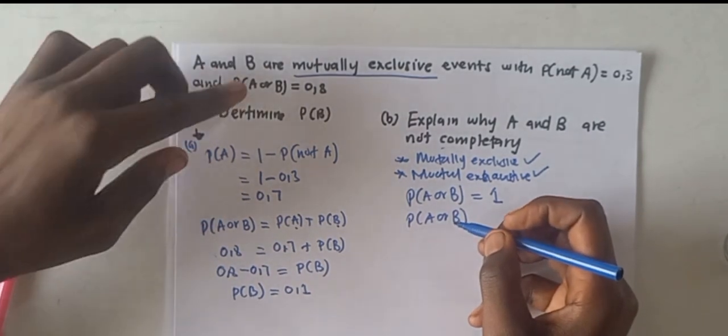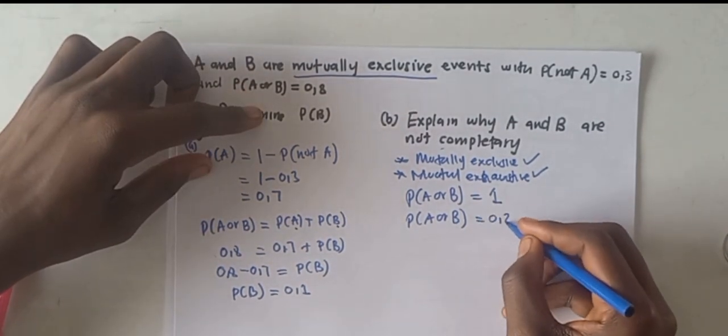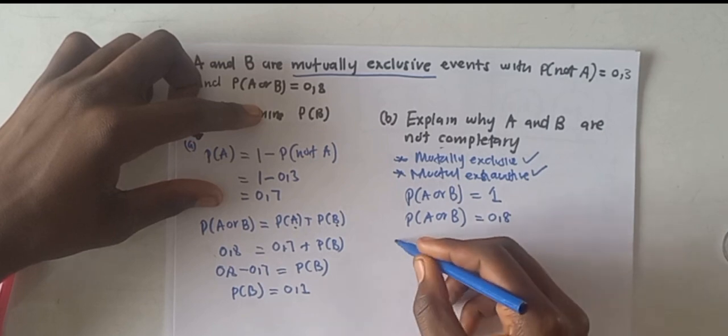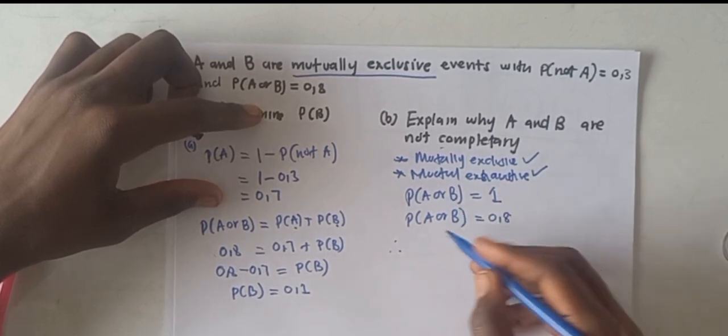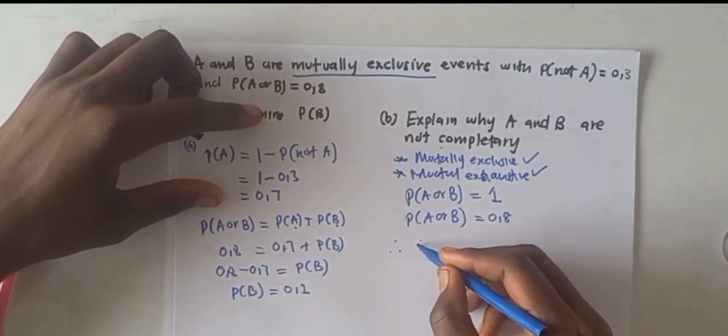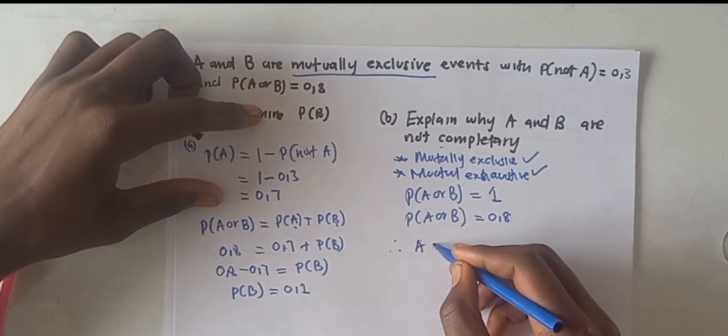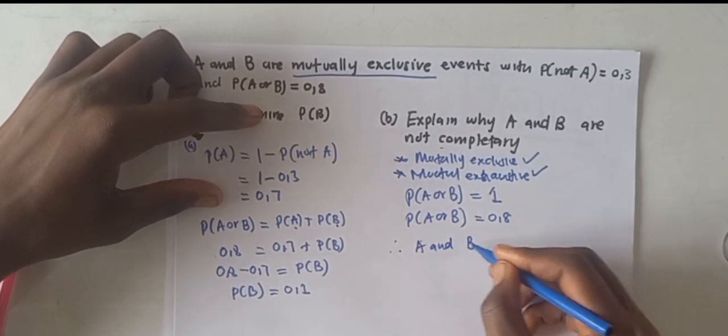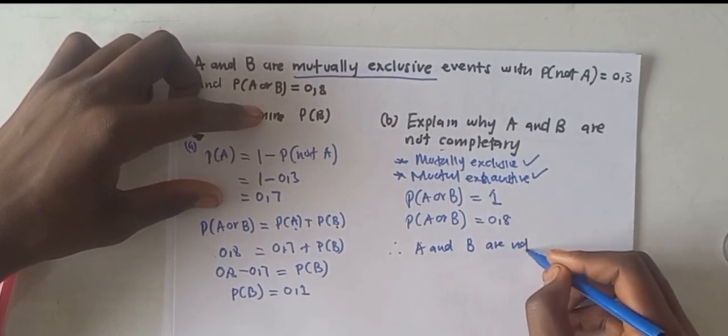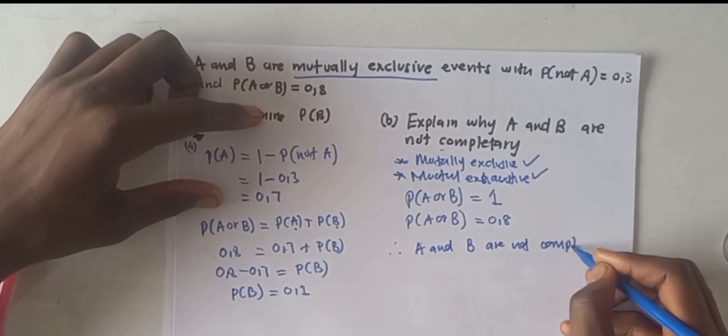The probability of A or B we were given is 0.8. So we can conclude that the events A and B are not complementary.